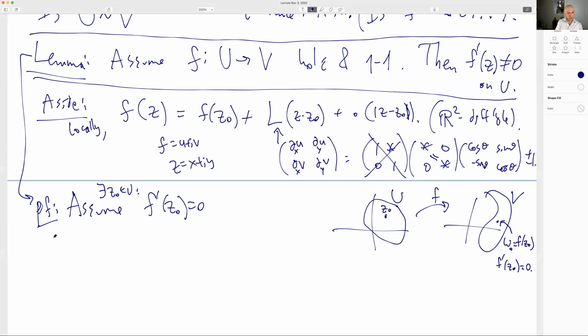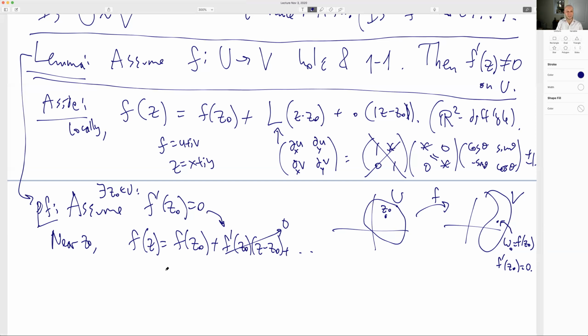So locally, near z0, we have that f of z has a power series expansion, f of z0 plus f prime of z0 times z minus z0, and so on. Of course, this is 0. That's the assumption we just made. So this is equal to, let's call it f of z0. Now, I don't know what the next order term is.